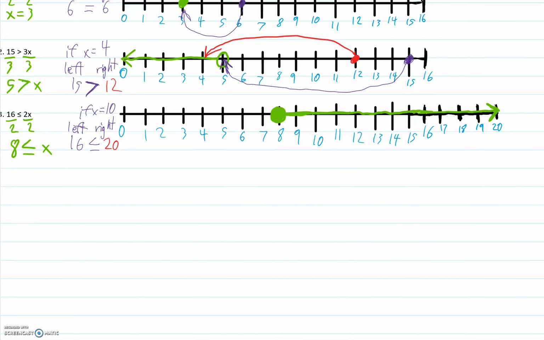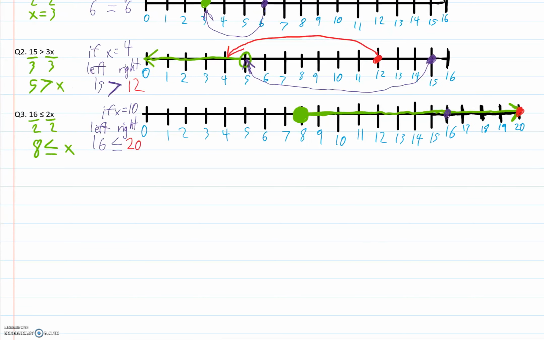So let's put those on our line here. 16 right there, 20 right there. So 20 moves over, if we divide by 2, all the way to 10, which makes sense, halfway, and 16 moves all the way to 8, which also makes sense.